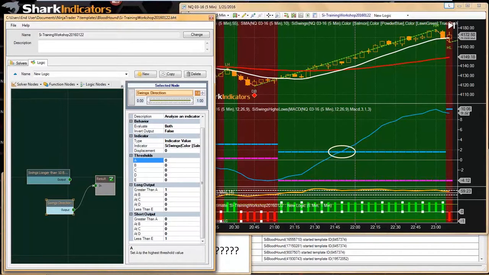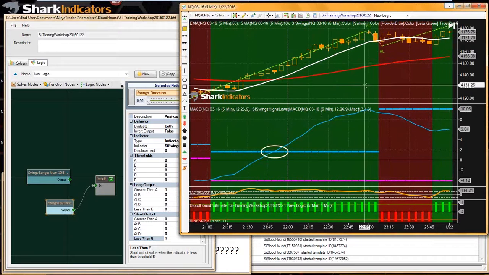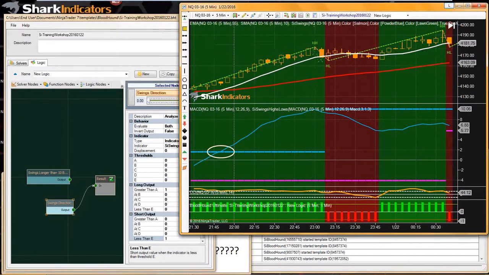Or I'm going to get a short output when that data series is less than 0. I set a 1 in here. So when the data series is less than 0, in other words a negative 1, I'm going to get a short output. And if we look here, we can see this solver is now telling us.